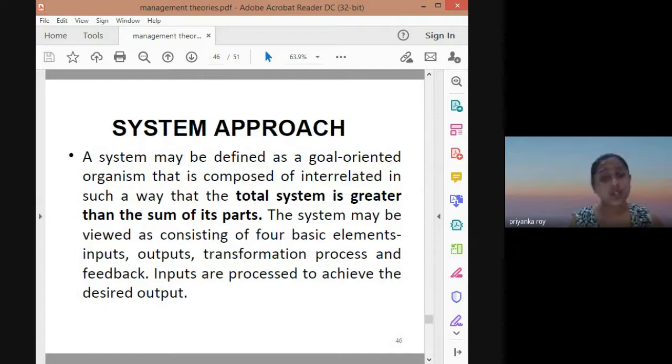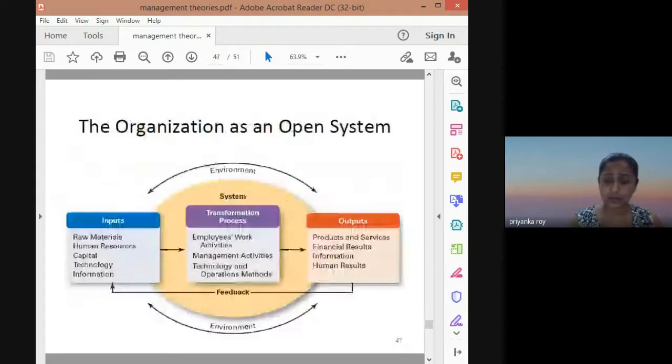The inputs go through the process to achieve the desired output. So the organization is an open system in systems management theory.